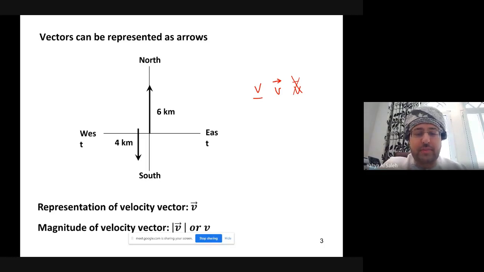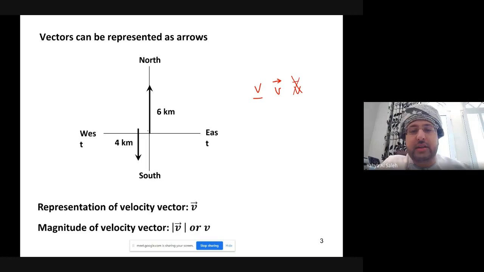We also have something else that we call the magnitude of a vector. We usually put it in absolute terms, and that is always a positive number. It is just the number part of the vector. So if I have 6 kilometers north, then its magnitude is 6 kilometers.